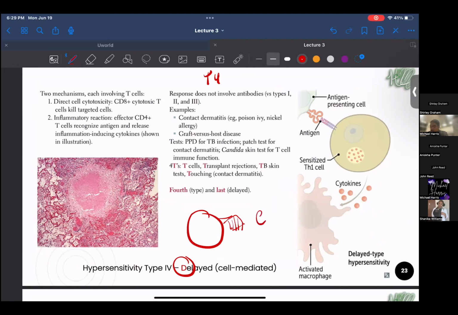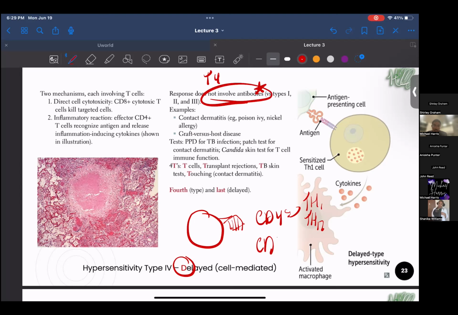So you produce CD4 cells, you produce CD8 cells. And if you remember, CD4 cells can have different subcategories. That's where you get TH1, you get TH17 that do the job of causing the symptoms that you present with in a type 4 hypersensitivity. No antibodies are involved in this.